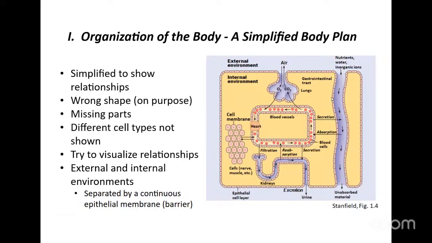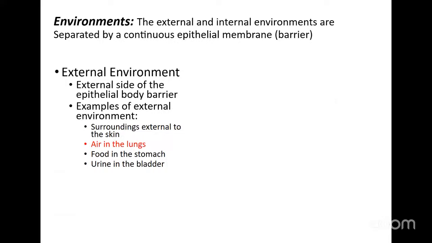So there are going to be some places that count as the external environment from a physiological perspective that you might not think of as external if you're just lying in bed thinking about bodies. We're thinking about a division between what touches the outside world versus what is fully contained and controlled by your body.